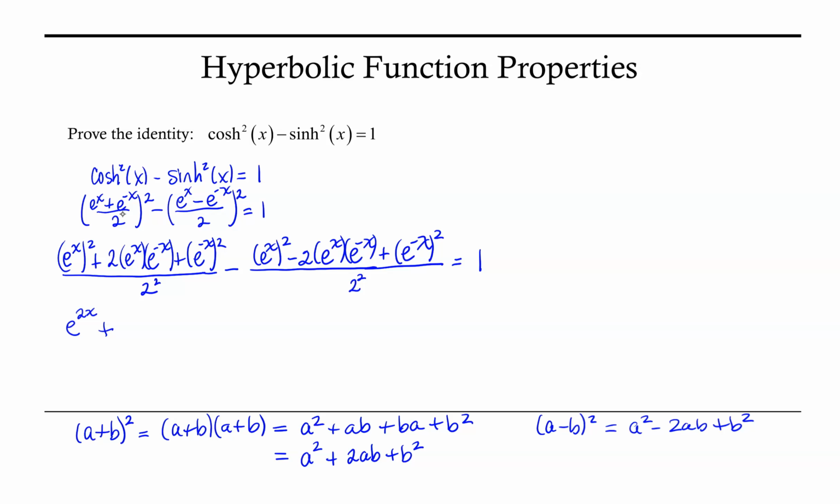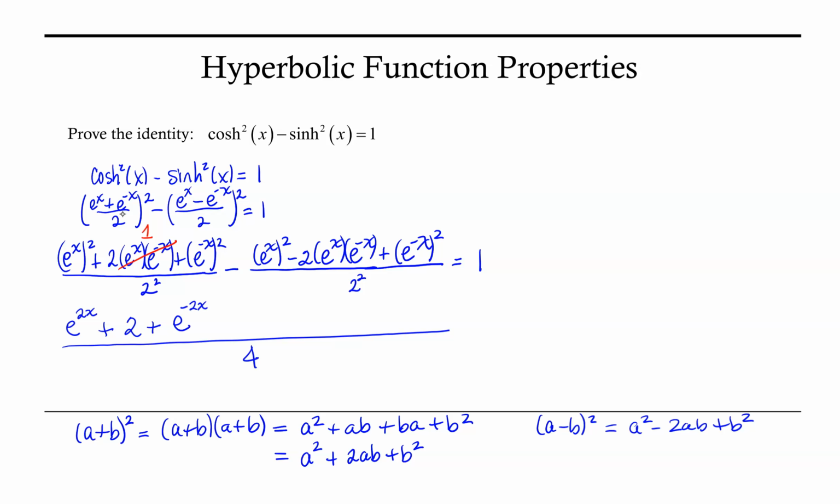That's e to the 0, and e to the 0 is 1. So 2 times 1 is 2. Plus, and then again for my next term, I'm going to multiply exponents, so that's e to the negative 2x. Notice both of my denominators are 4, so I'm just going to make this one large fraction and put that over 4.